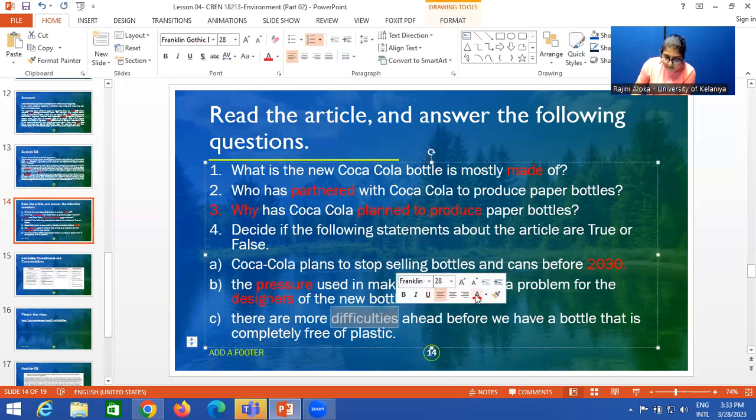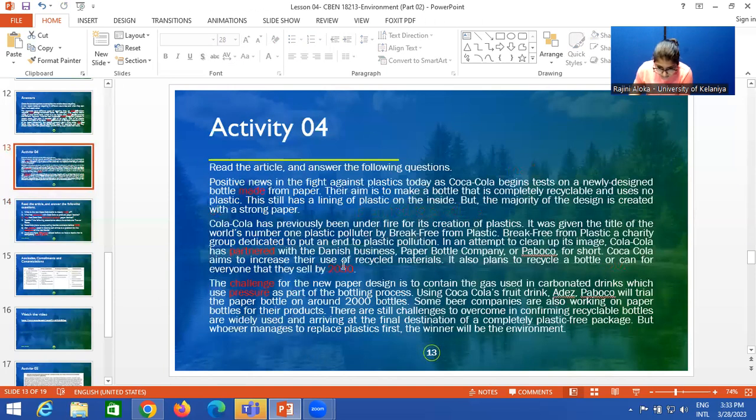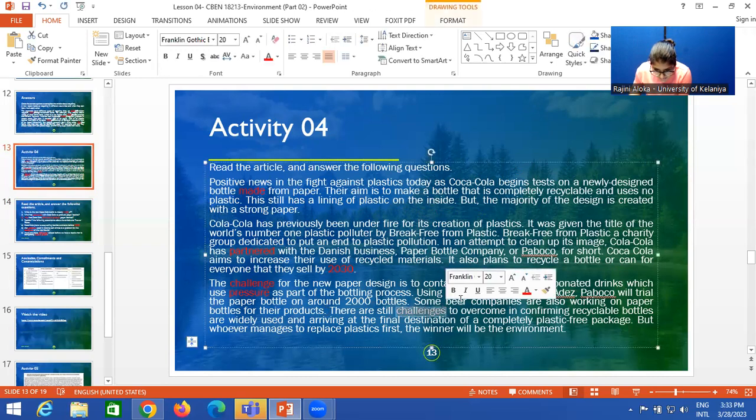There are more difficulties ahead before we have a bottle that is completely free of plastics. Difficulties, free of plastic. Let's see these words. A similar word is there. Challenges is also there. And final destination, something similar.